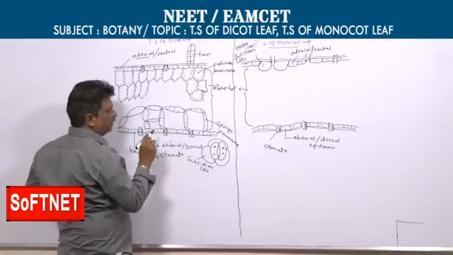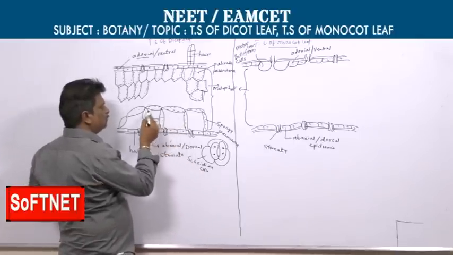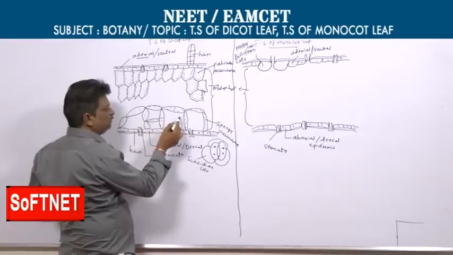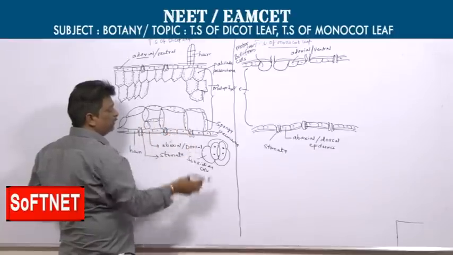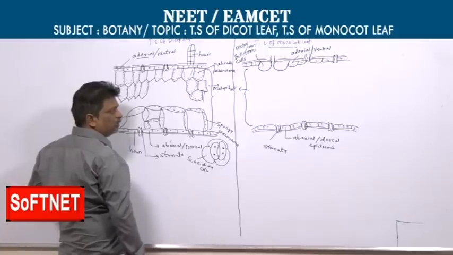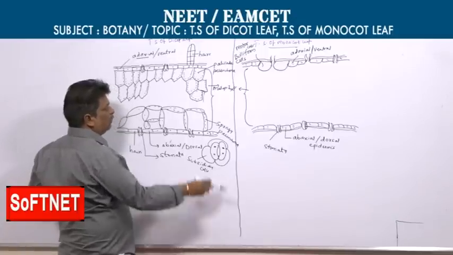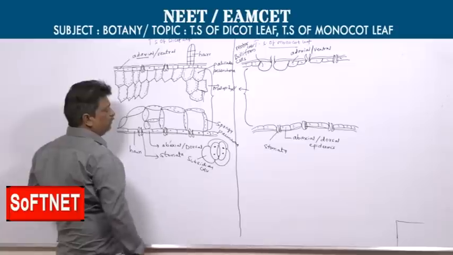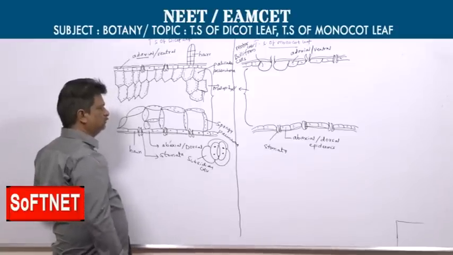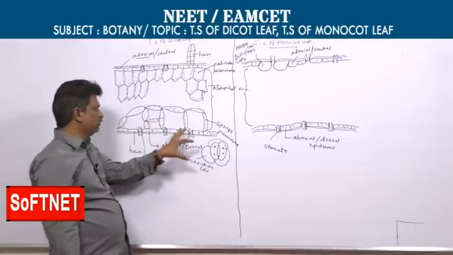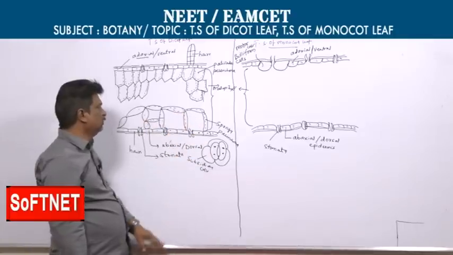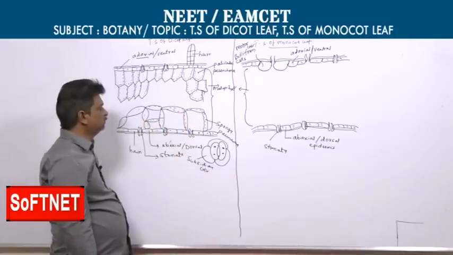The main function of sponge parenchyma is storing air, or it acts as ventilating tissue. Along with aeration, it performs photosynthesis.